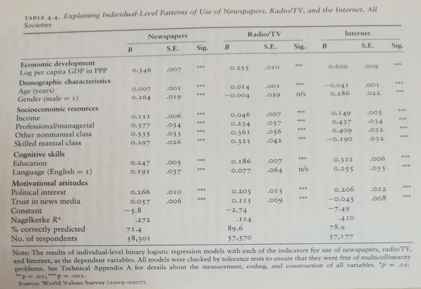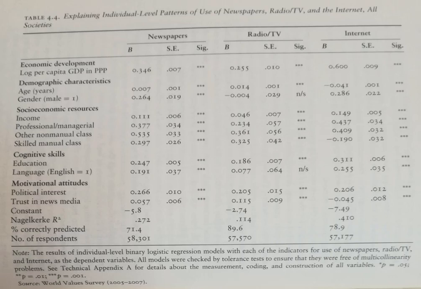In terms of socioeconomic resources, for example, income, the highest effect is again in internet. So the more income you have, the more internet you'll use, with the lowest effect on the radio or TV. Professional managerial, so the more professional you are, the more internet you'll use. I would say similar levels in newspaper, but much lower in radio and TV.